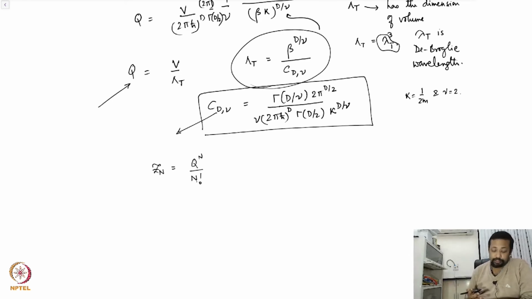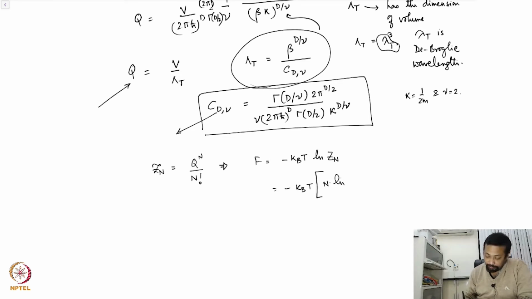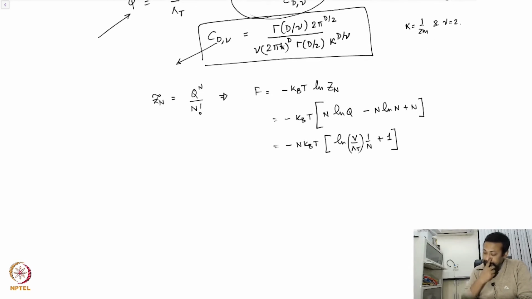So the total possibility of overcounting permutations is n factorial, with which you divide this, which implies the free energy, which is minus kBT ln of Zn, is going to be minus kBT times n, in a bracket, ln q minus n ln n plus n, and this becomes minus n kBT ln v over lambda t, 1 by n plus 1, right? So this is your free energy.